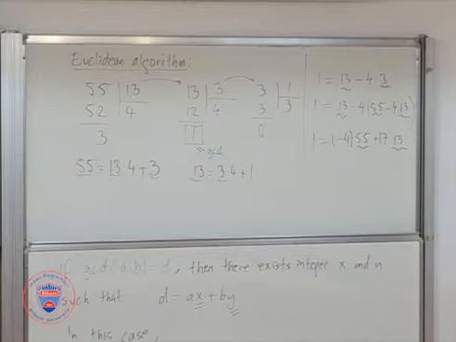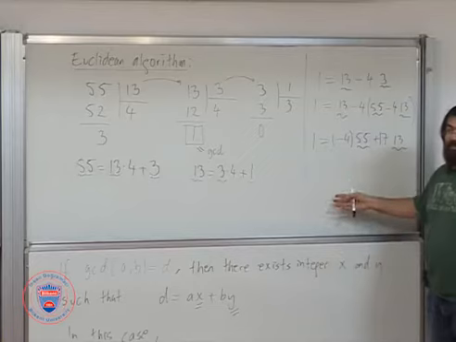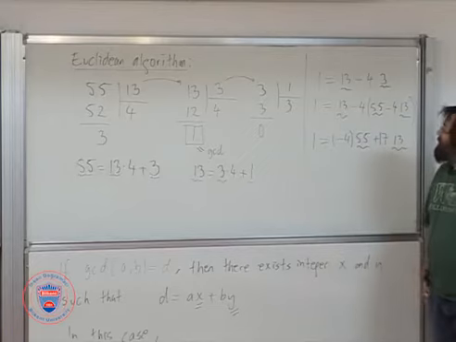Depending on the situation, you may have to do it slightly differently, but if you have a big pool, you can use these 13 and 55 to get 1 ounce using these numbers. So this proves that you have a way of writing D in any case you face in terms of those two numbers, A and B.